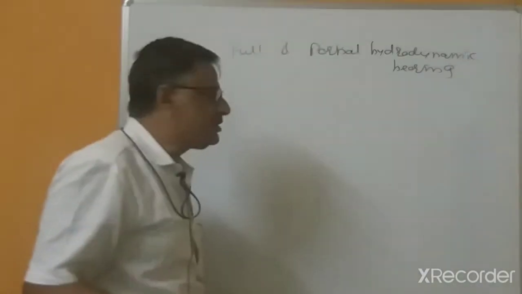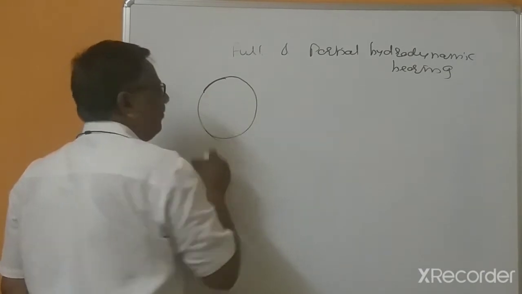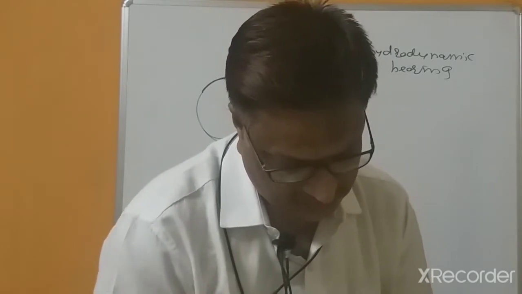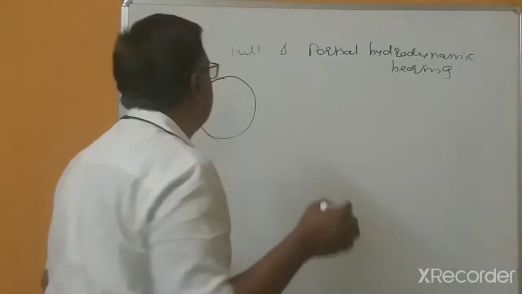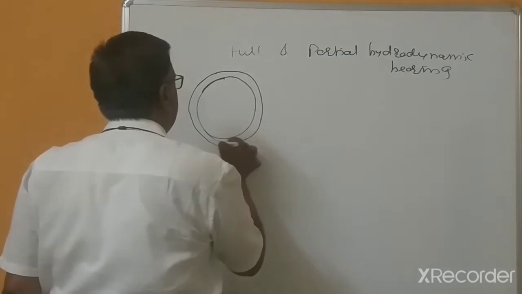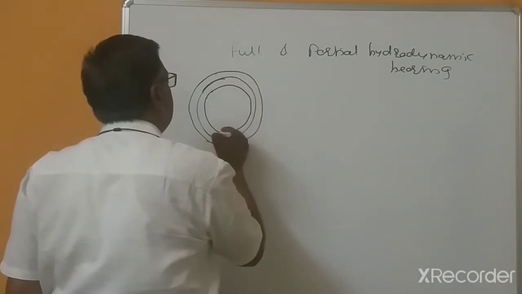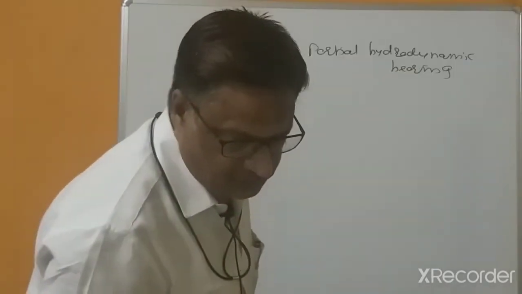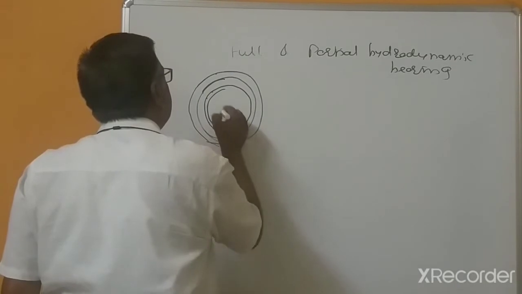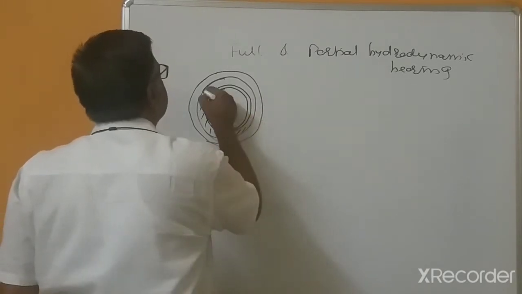Suppose this is the bearing, this is the journal and this is the lubrication.